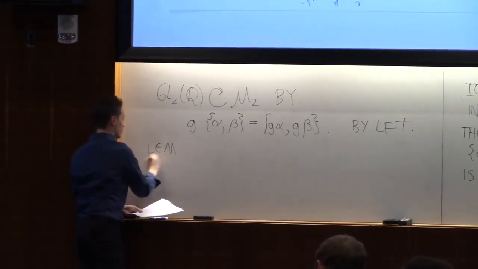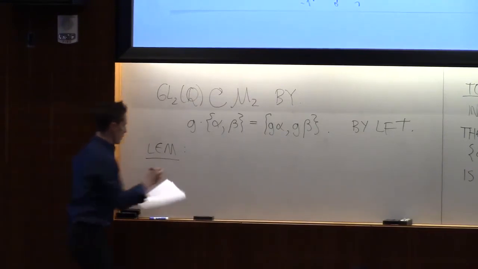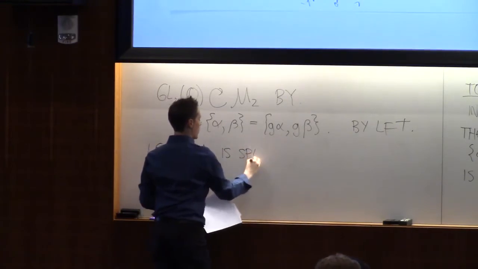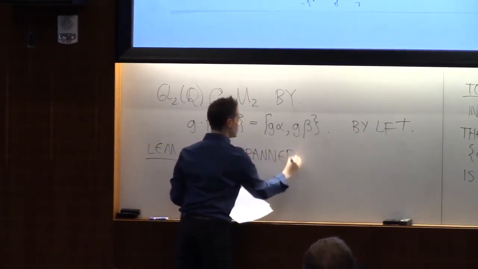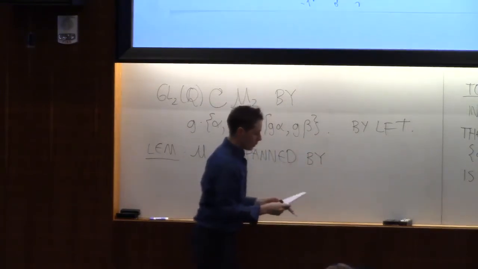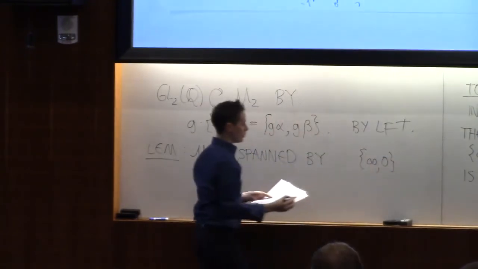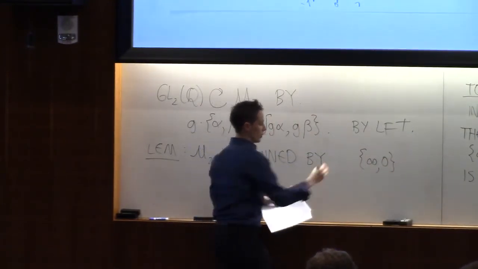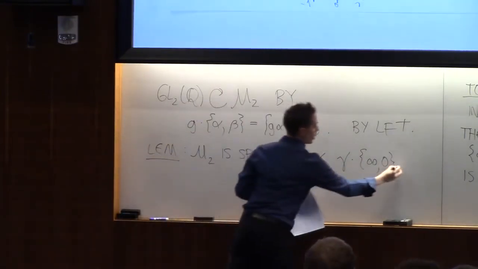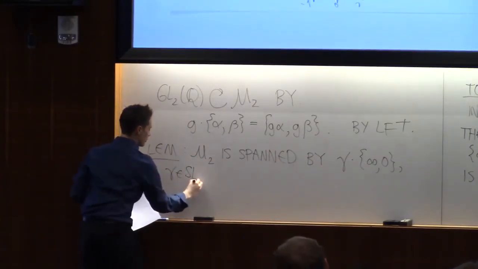Okay, so here comes the all-important lemma. M2 is spanned by a special kind of symbol, and these symbols are, I take the path from 0 to infinity, but I'm going to write it as infinity to 0, to make the argument a little bit easier. And I have gamma act, where gamma is in SL2(Z).